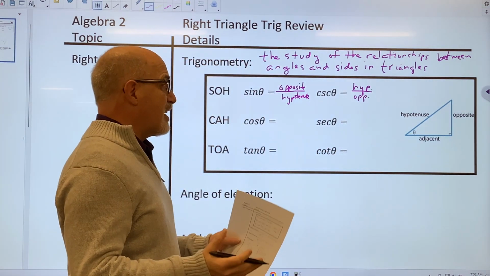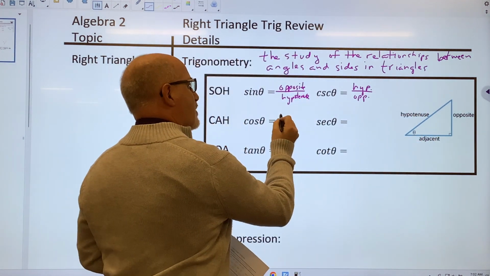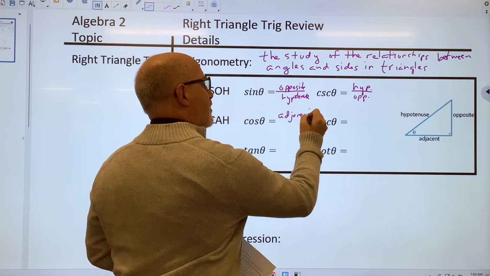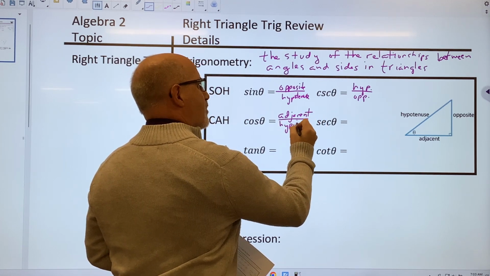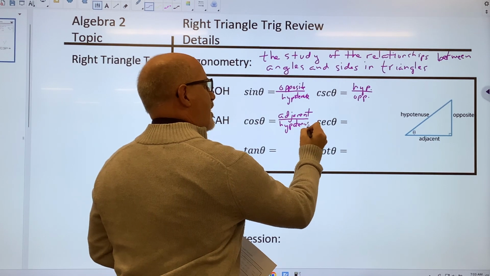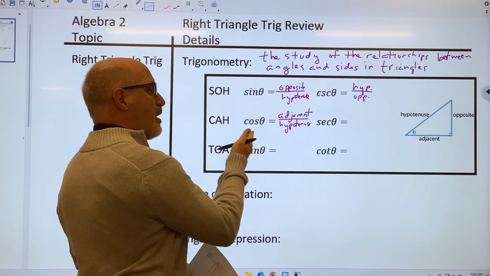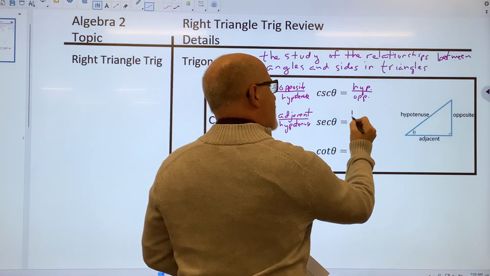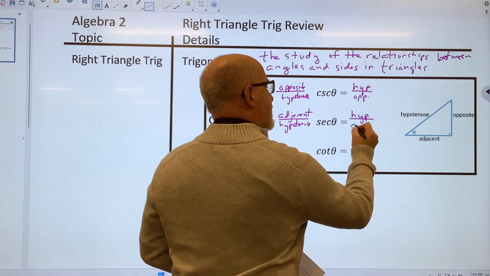Cosine is the adjacent side, the one next to it, over the hypotenuse. Now you might notice again, that's the A and the H, adjacent hypotenuse, that goes with cosine. Secant would be the reciprocal, so it's the hypotenuse over the adjacent side.